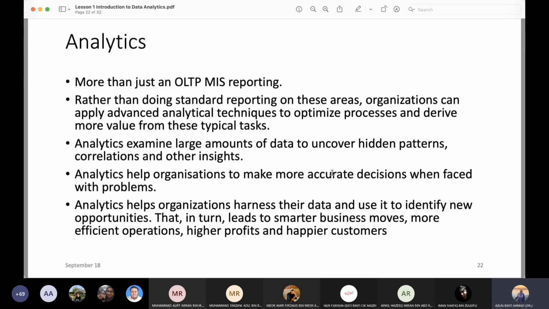They can scrape all the data, analyze it and see what kind of comments and what kind of sentiment their customers have. Suka ke tak suka, positif, negatif. Kalau positif, on which side? Apa yang customer suka tentang produk dan service. Kalau negatif, apa?